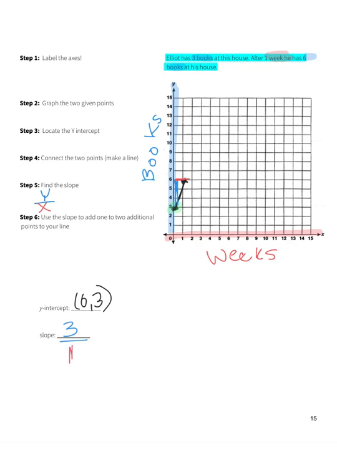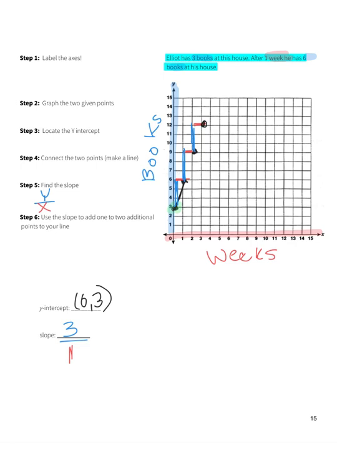And then my last thing is to use my pattern to create additional points. My pattern is up 3 over 1, rise over run. So up 3 over 1, that's an additional point. And we go ahead and do it again. Up 3 over 1, and that's an additional point.